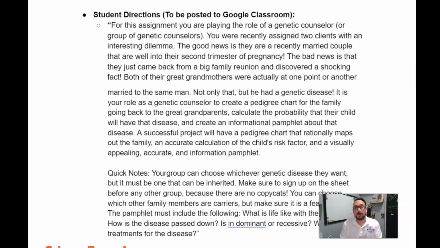So they have to figure out the likelihood that their kid is going to have that genetic disease. But then the students get to choose what that genetic disease is, and then figure out the probability that their child will have one based on pedigree charts and all these other things. So again, real life situation with kind of a fascinating backstory, and then it's created by students, right?